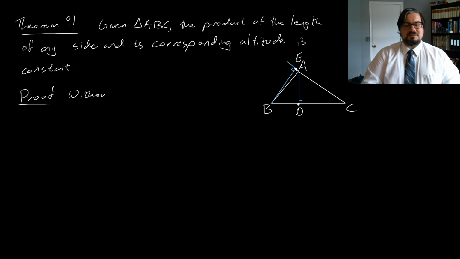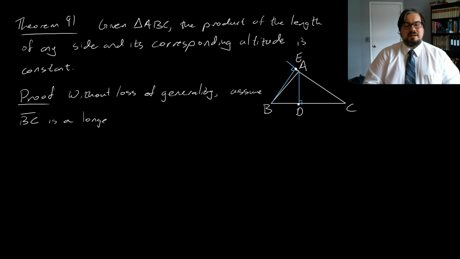So, without loss of generality, we may assume that the segment BC is a longest side of the triangle ABC.